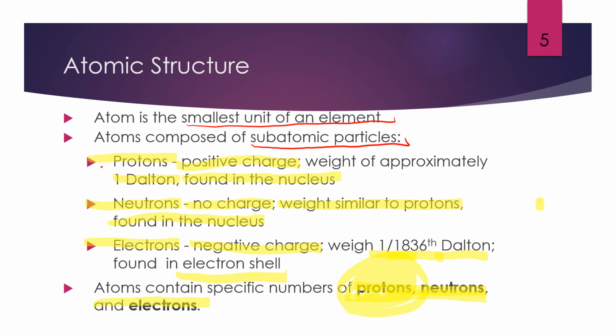And so anything that has 6 protons is carbon. If you were to somehow stick another proton in there, it would then have 7, and it's no longer carbon, it's nitrogen. So the number of protons determines what element that atom is.